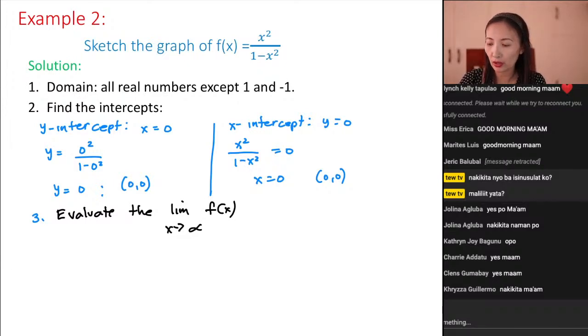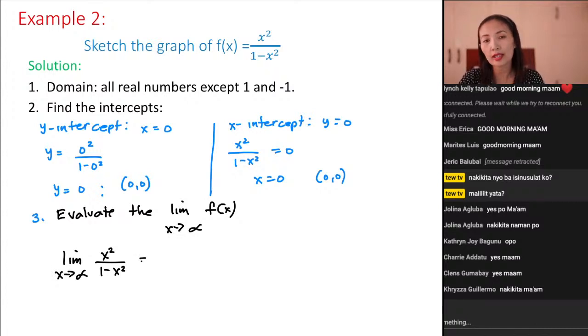Going back to our function, the limit of x squared over 1 minus x squared as x approaches infinity. The rule says we divide by the highest power of x.